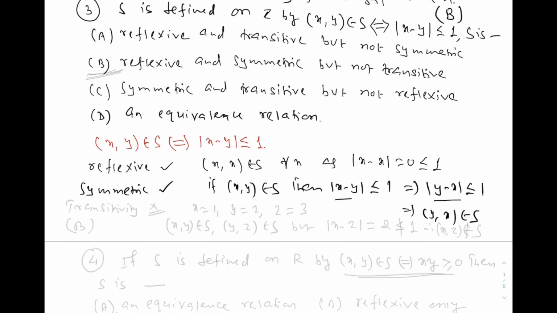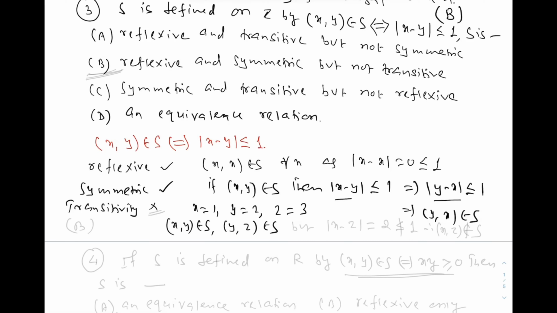But see, the transitivity is not there, because the distance between x and y is less than or equal to 1. So if I select, say, x equal to 1, y equal to 2, z equal to 3, then xy belongs to S, yz belongs to S, because the distance between them is 1.